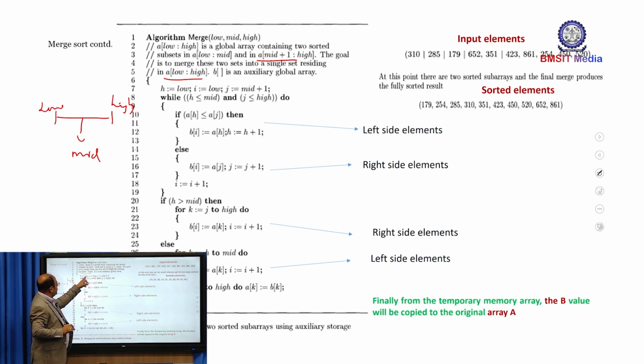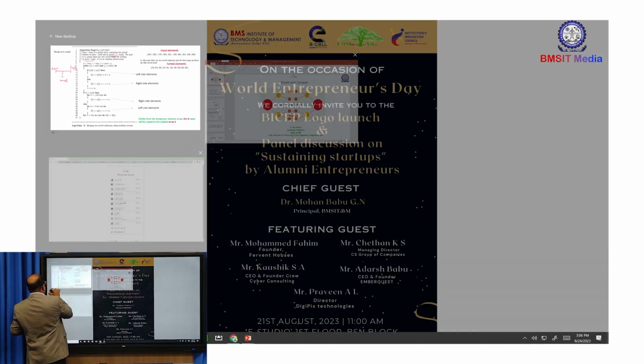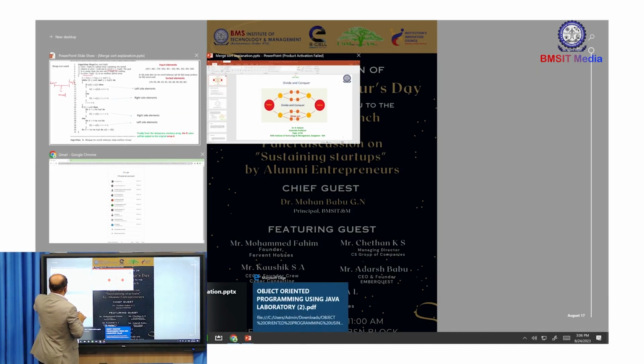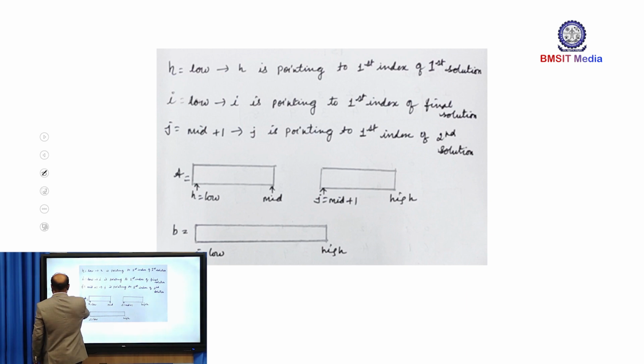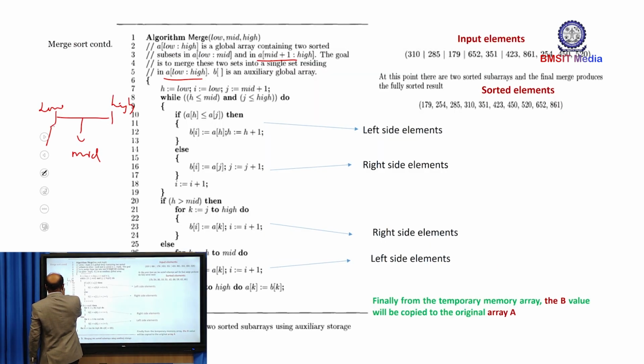Initially my h is equal to low, my h will point to the low element. And my i will point to my low element again. My j will point to mid plus 1. Mid plus 1 means the right part of the element.